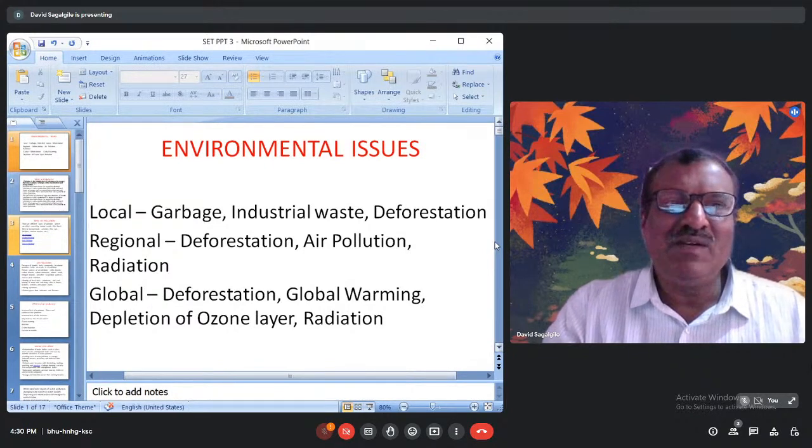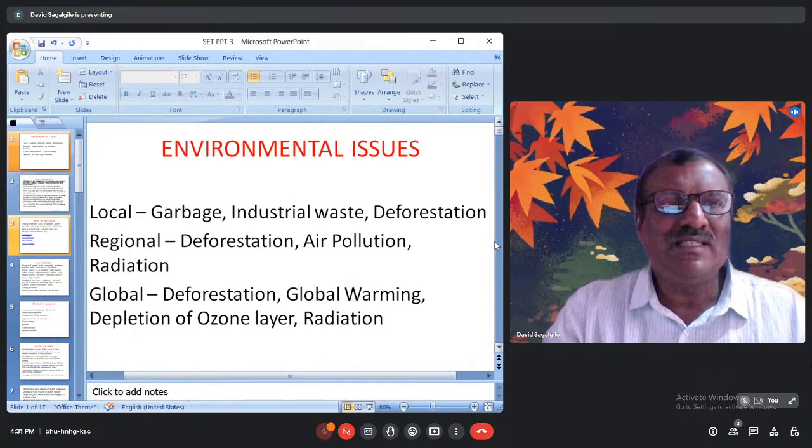Then we come to the regional, on a little larger scale. How do environmental issues affect? We see deforestation, air pollution, and also radiation of nuclear or radioactive substances. They are affecting on a regional level. We see that in the entire Southeast Asia, climatic changes have happened, environmental changes are happening, global warming is happening.